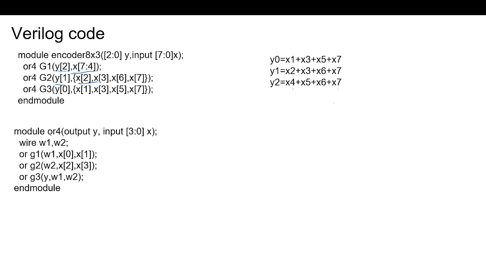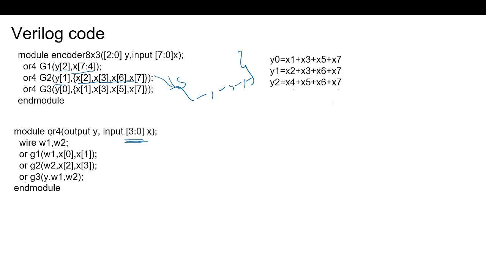If I am taking it as a register type, I will use this operator and pass all the inputs inside. This is called the concatenation operation. And in the same way for y0, I need x1, x3, x5 and x7.